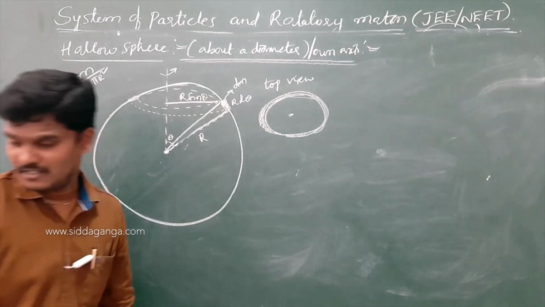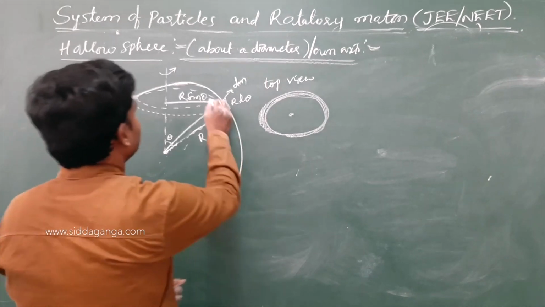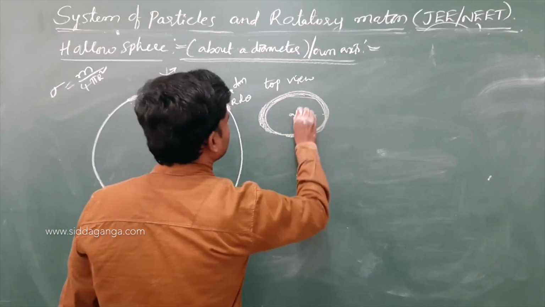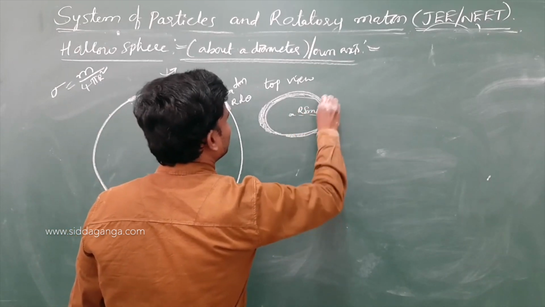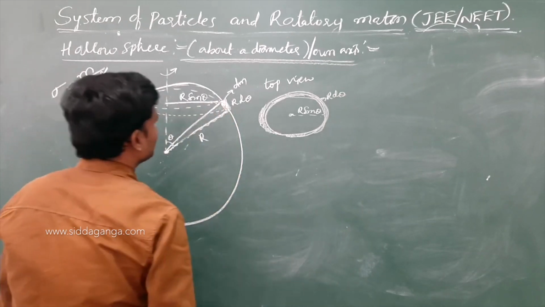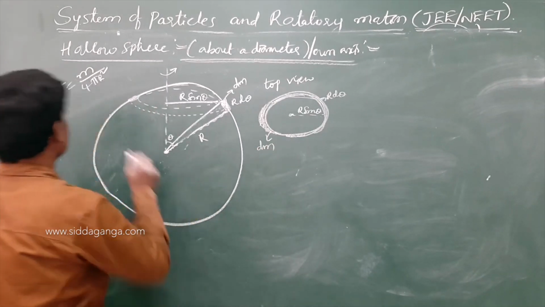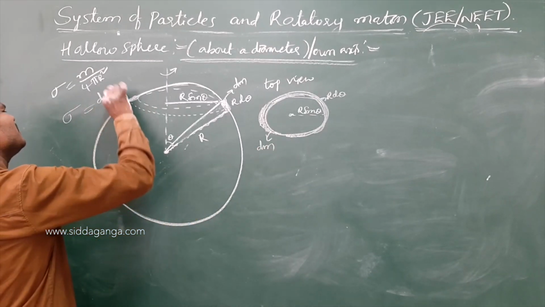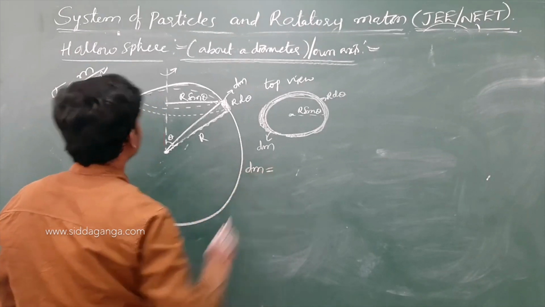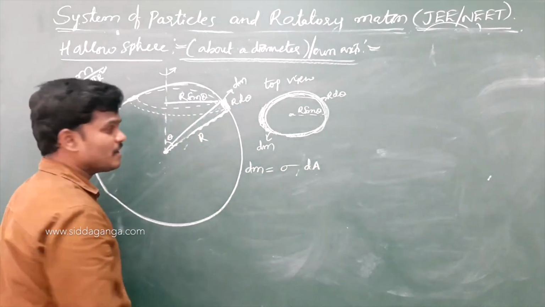Okay, this is R sin theta radius, and this thickness is R d theta, and this mass is dm. So sigma is equal to, for a small part, dm by dA. So dm is equal to sigma dA.